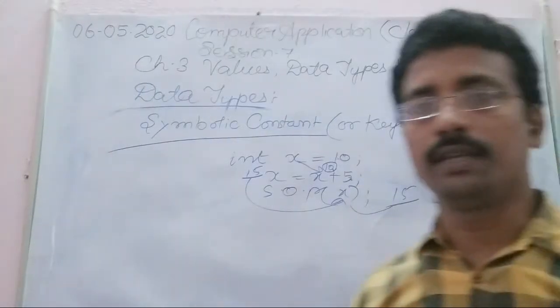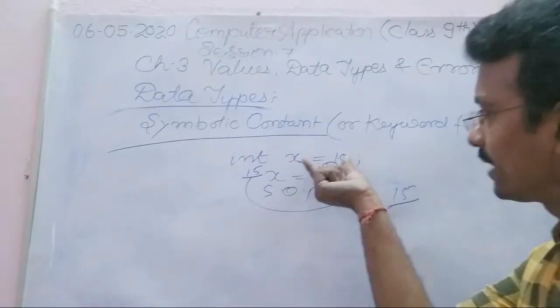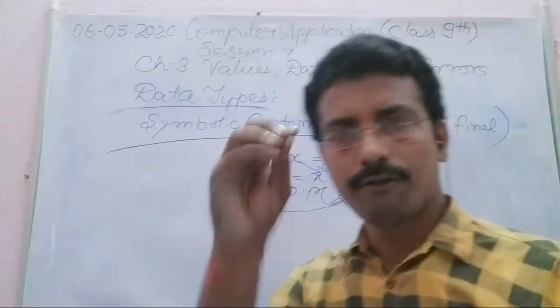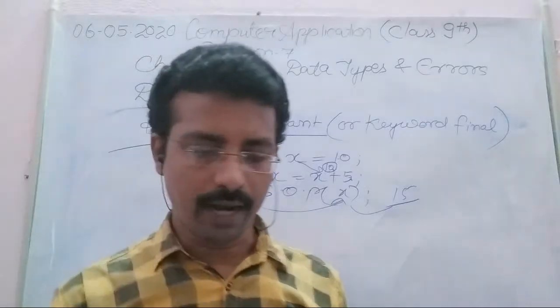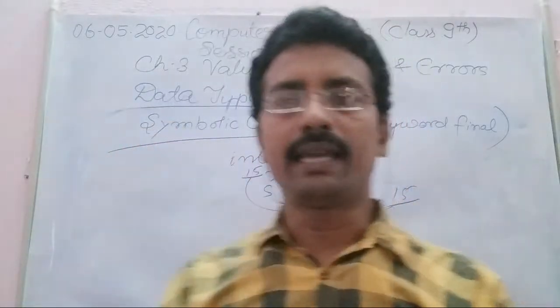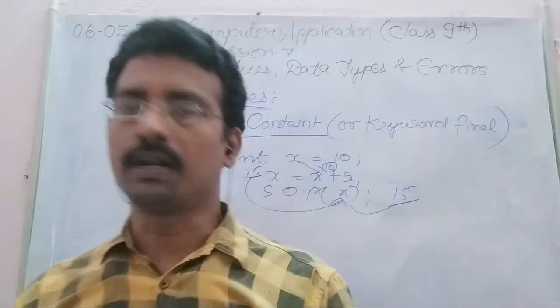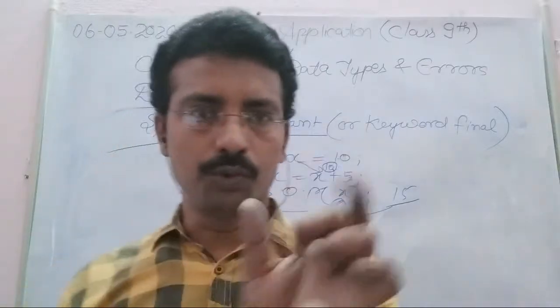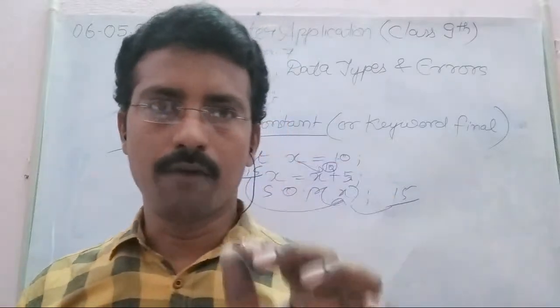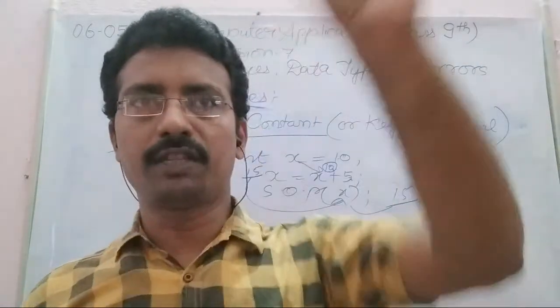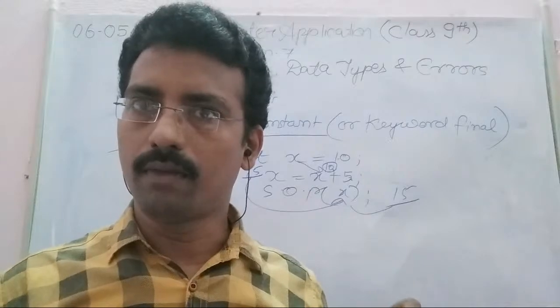Now the question is, suppose I want to make this 10 fixed for a purpose. I give you one idea. I am making a software or program where I have to use a variable which will contain a value which will be fixed for all other values.